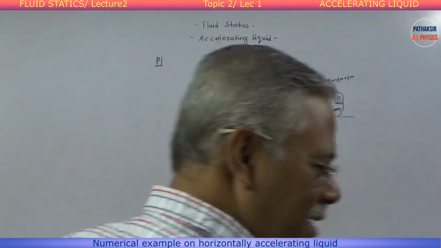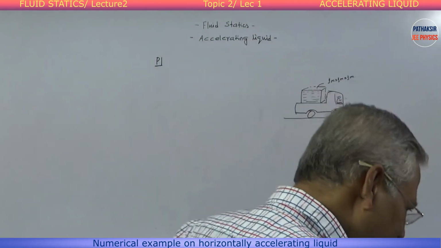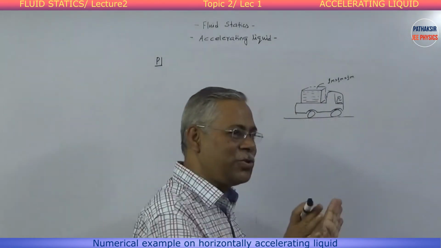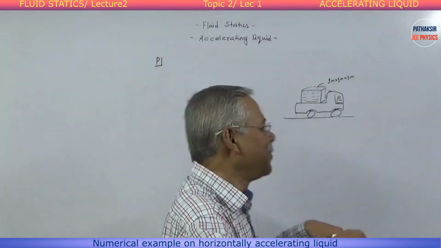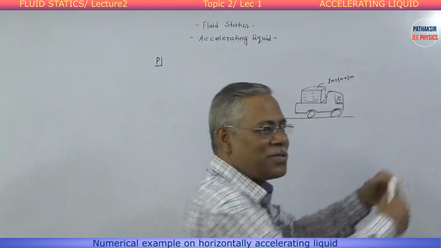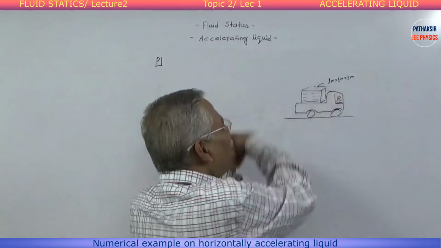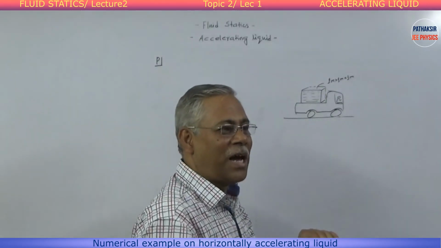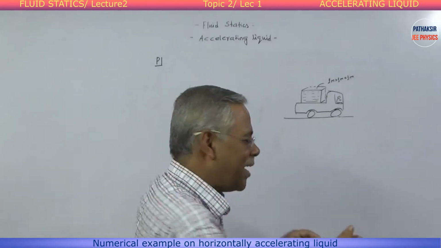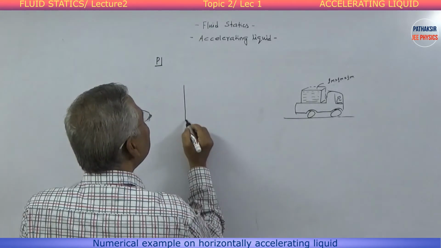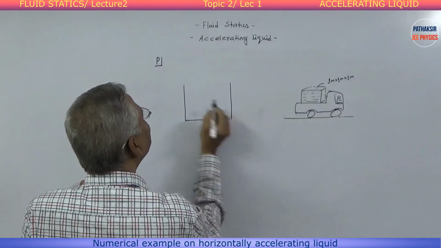First you draw the extreme situation. That drawing is required. When it applies brake, liquid overflows in the forward direction. When it accelerates, the liquid overflows in the backward direction. After all this overflowing, ultimately it will look like this.